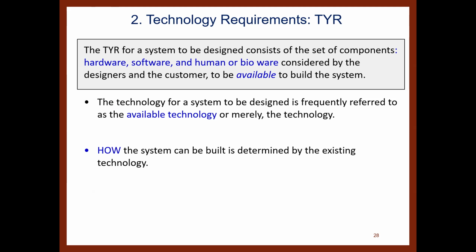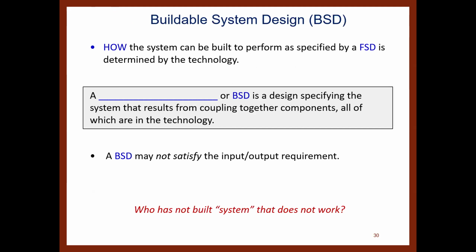So that's the type of thing that you're trying to say at this level: I have a way to build this functional design with this existing technology. And that's what the technology requirement is. And if you can satisfy those requirements, then you can state that you have a buildable system design, because your functional system design can be implemented with the technology that you have already specified.